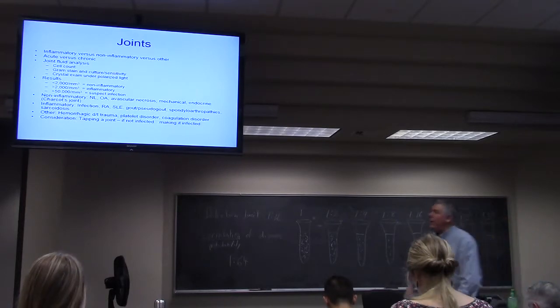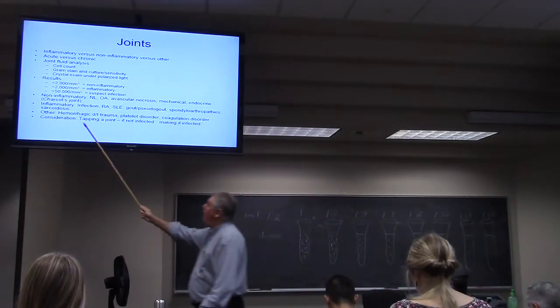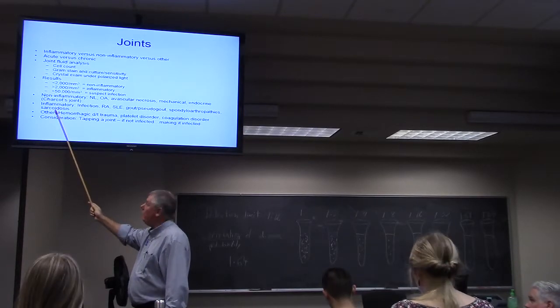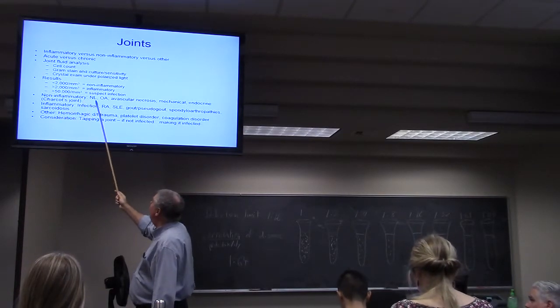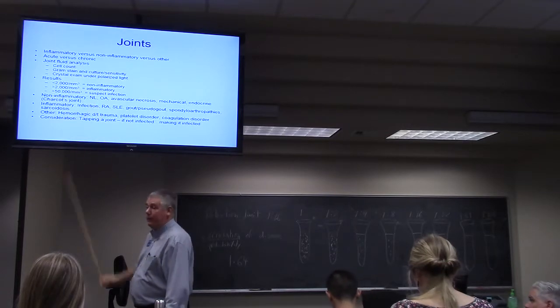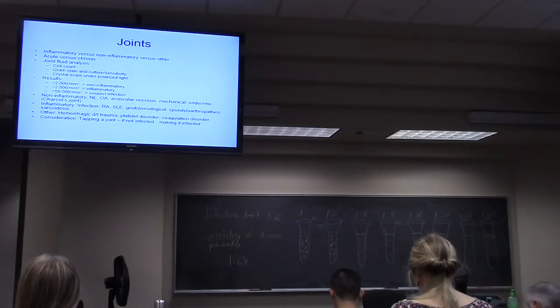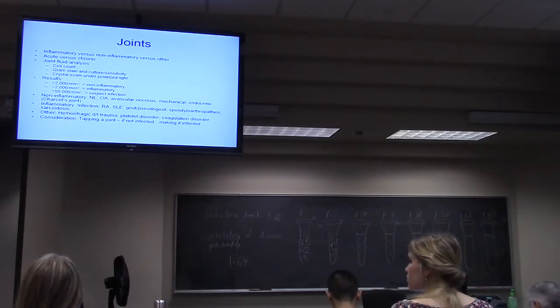If you look down here, here are your non-inflammatory and inflammatory causes. Non-inflammatory could include anything from normal. I decided to go out and play basketball. I'm almost 60 years old. I come in the next day and my left knee is all blown up from overuse. So that's an example there.